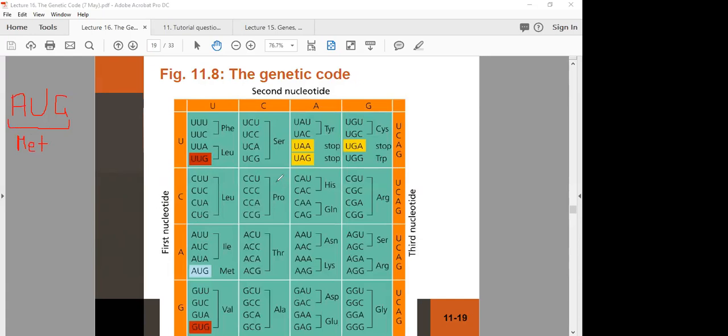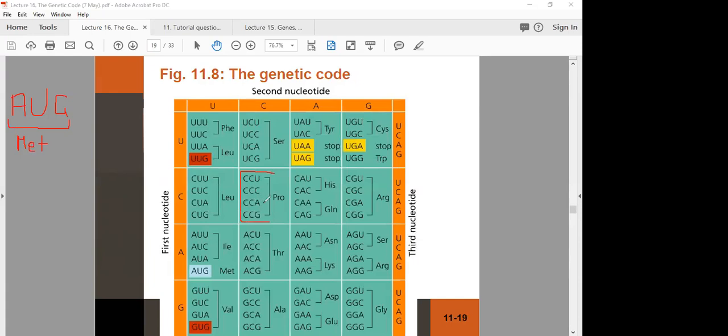Let's look at some other examples. Here's an amino acid called proline, and you can see that it's encoded by 4 different codons: CCU, CCC, CCA, CCG. So they all differ just in the 3rd nucleotide position, which is quite useful because if one of these is mutated, so where there's a U, if that's mutated to an A, it doesn't matter.